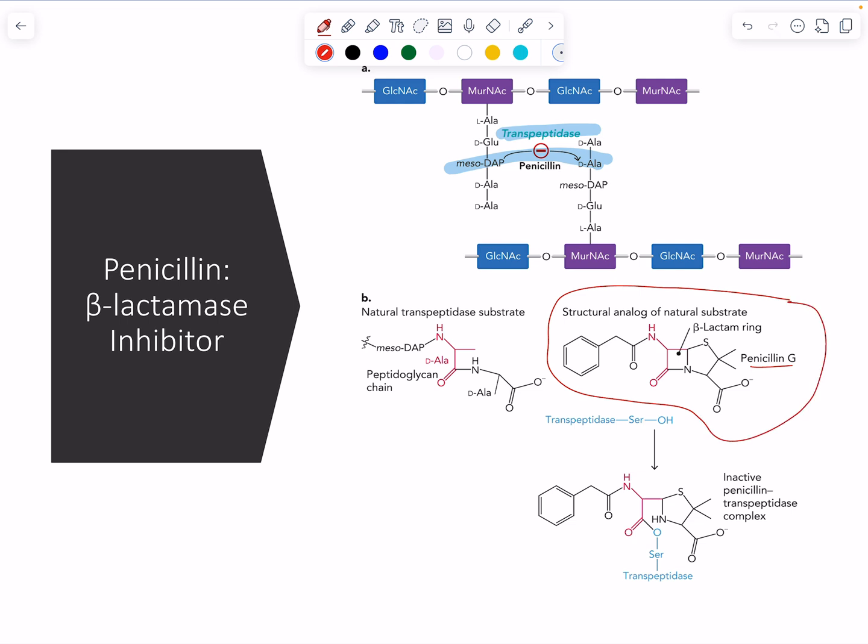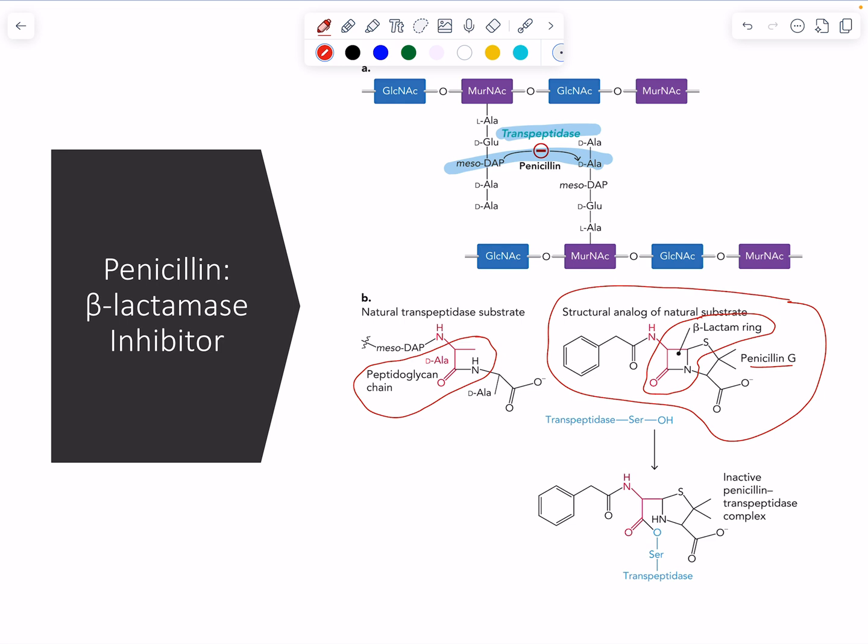It looks like the natural substrate. It's got a beta-lactam ring that looks very similar to the natural substrate. And so it can be an inhibitor of this enzyme because it can bind in the active site.